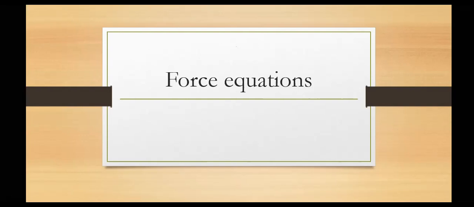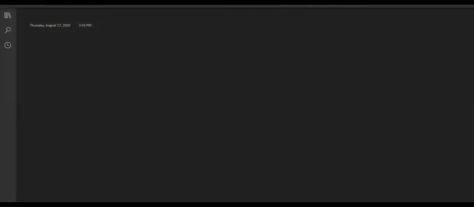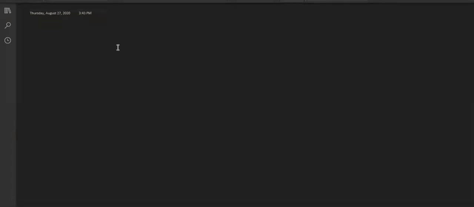Some noise is coming. Is it fine now? Okay, okay. Okay, everyone. Yeah. Can you see the screen, everyone? Can you see the black screen? Yes. Okay. Okay, everyone. So in last class we studied motion in 2D, right?